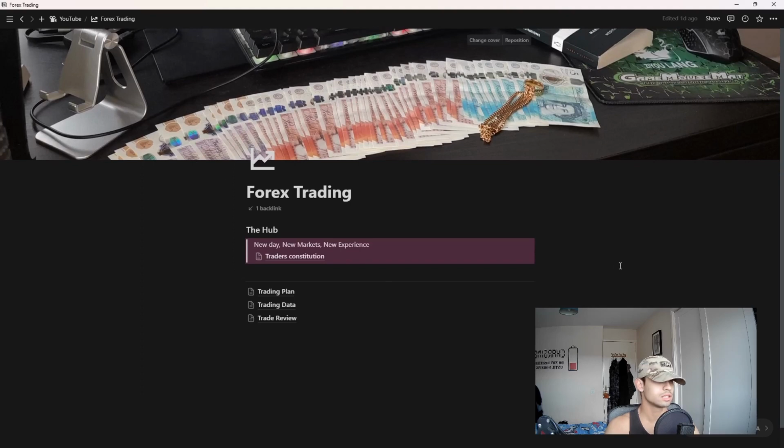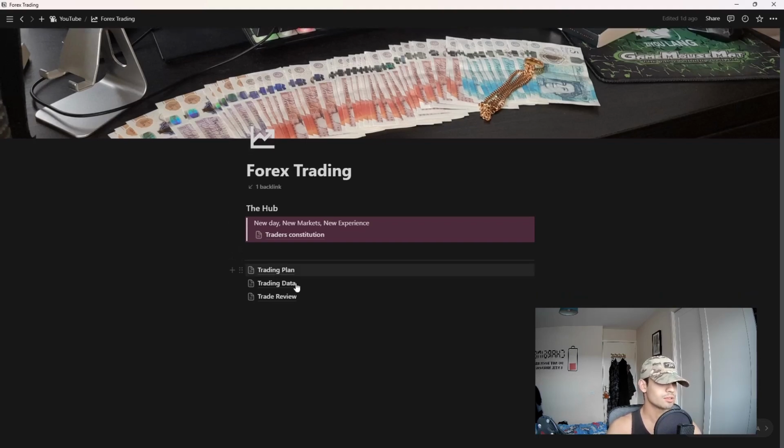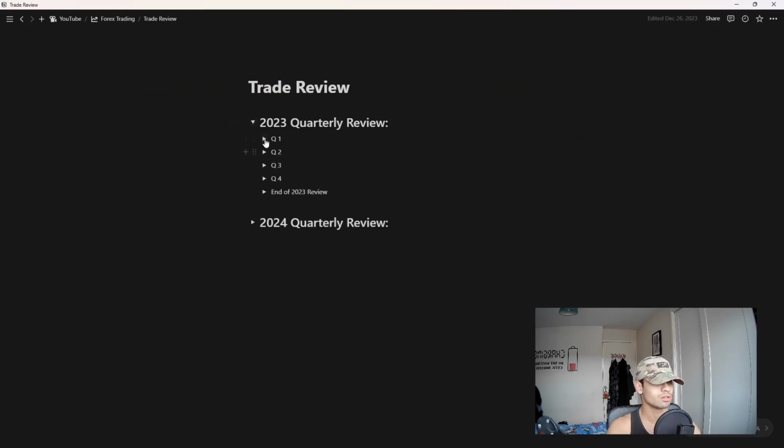I have money to remind me that I lack this because of the amount of money I'm losing at the minute. Anyway, so then I got my trading plan, some data, some trading reviews. So here you can see that I've got quarter one, quarter two, quarter three.